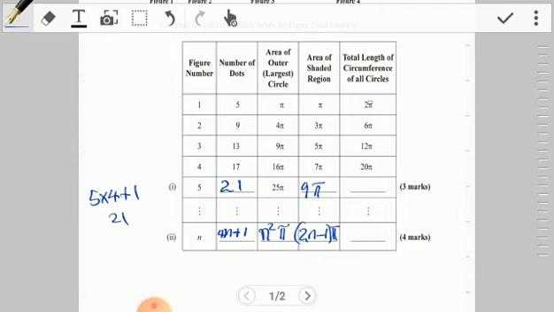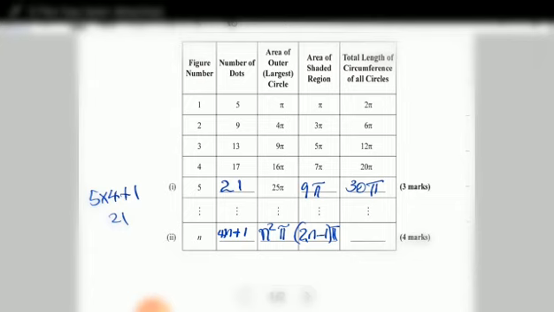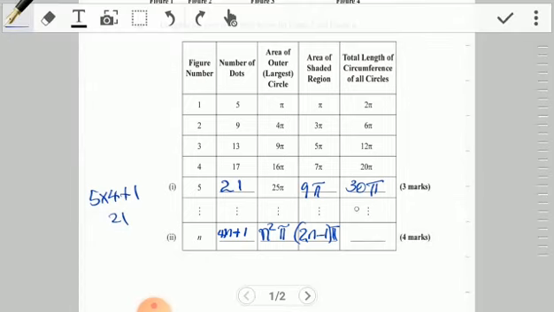All right, let's come to the other column. Looking carefully, for 1 we have 2 pi, then 6, then 12, so we're adding. By the time I reach here, it's going to be 30, because we add 4, then 6, then 8, then 10. So it's 30 pi just by going down. However, there is a direct link from the figure column.